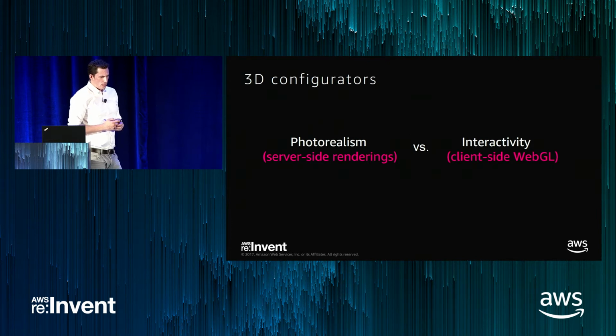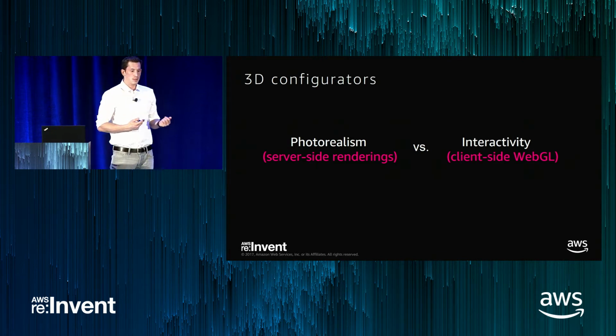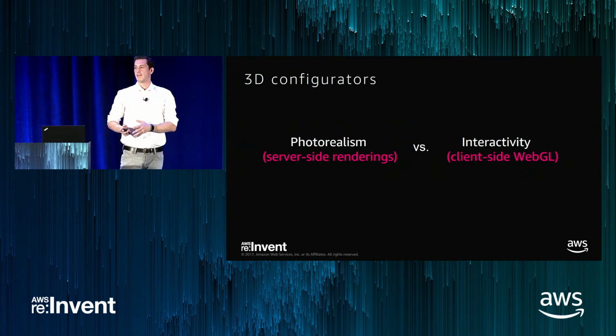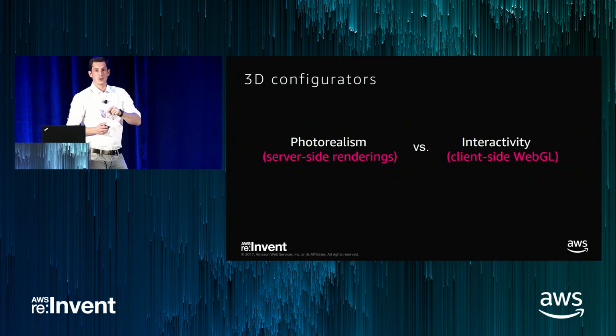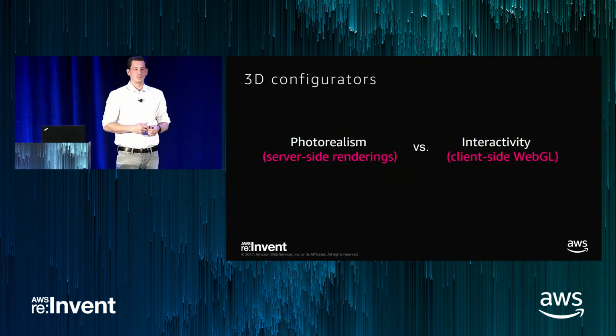So when it comes to configurators, you have two major challenges that you are going to face. On one side, you want a high level of interactivity. You want the users to be able to choose every part, and in our case, furniture, highlight sections, change the materials, sizes, and so on. But at the same time, you want to offer your users a photorealistic representation of what you're selling, in the case of an e-commerce platform.